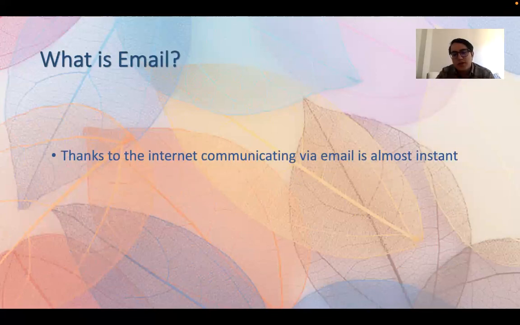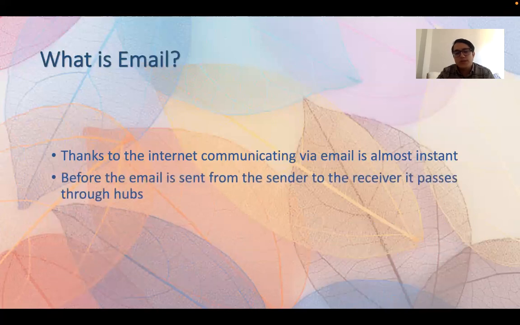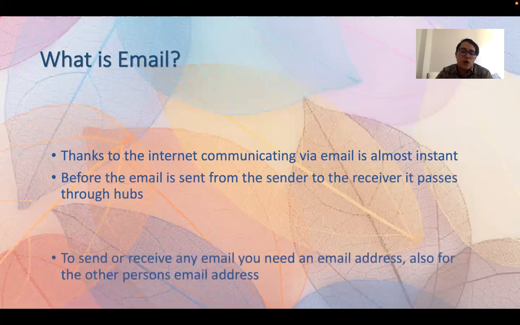Thanks to the internet, communication via email is almost instant. Instant means same moment, like the moment I send something, you get it. Before the email is sent from the sender to the receiver, it passes through hubs.